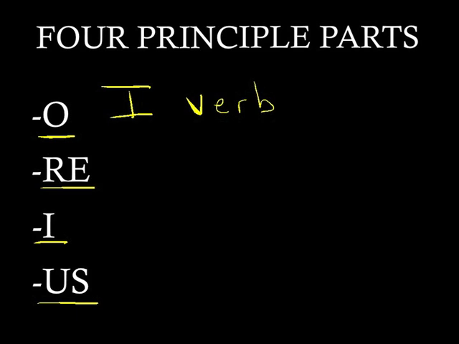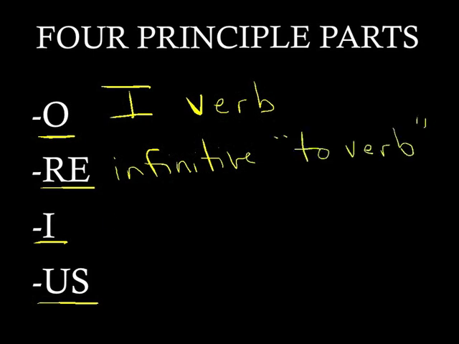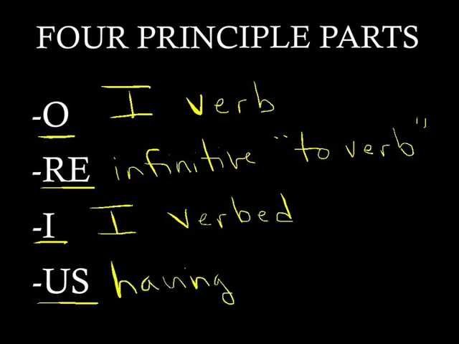That is what's called the first person singular present tense. The RE form is what's called the infinitive, and it's translated to verb. The I form is what's called the perfect tense, and it's translated I verbed. And then the US form, that 4th form, is a participle, and it's translated having been verbed.